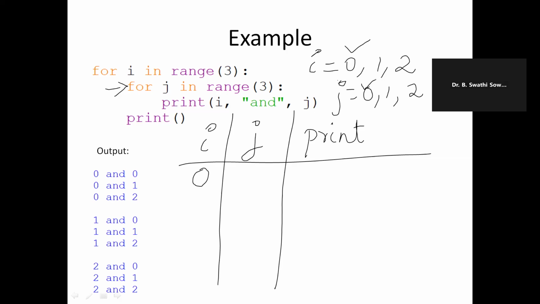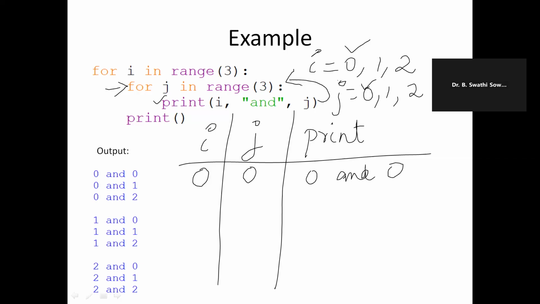Now the i value is 0 and the j value is 0. It is going to print i and j. So what are the i and j values? 0 and 0. So this is the first iteration inside the j loop. After executing this print statement, it is going to again check the condition in the inner loop.